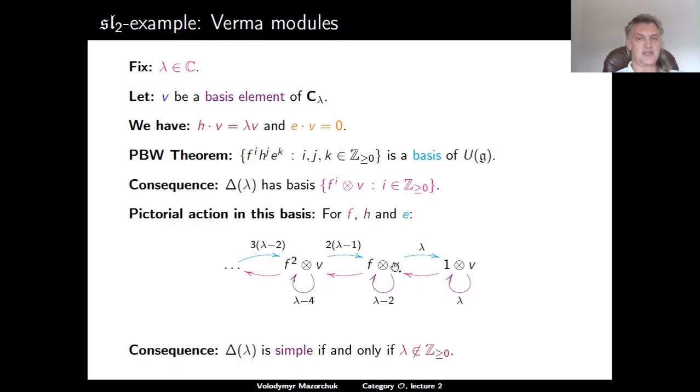Indeed, under this condition, all coefficients of the action of E are non-zero, apart from the action of E on the highest weight vector 1 tensor v. So we can use exactly the same argument as for V lambda C to prove that this module is simple. And if lambda is a non-negative integer, then one of these actions of E will be 0, and therefore everything to the left of that 0 will be a proper submodule.